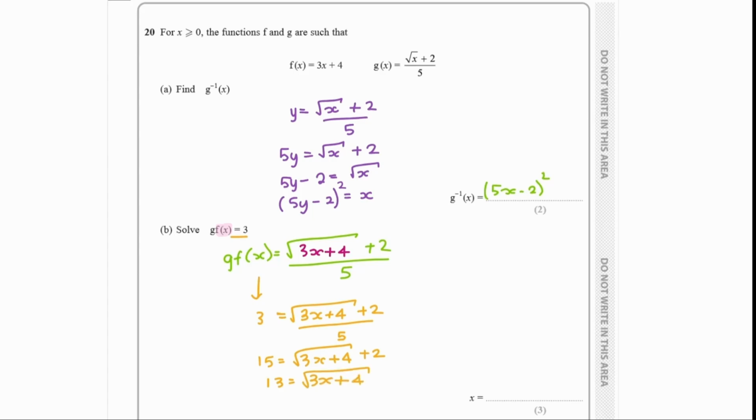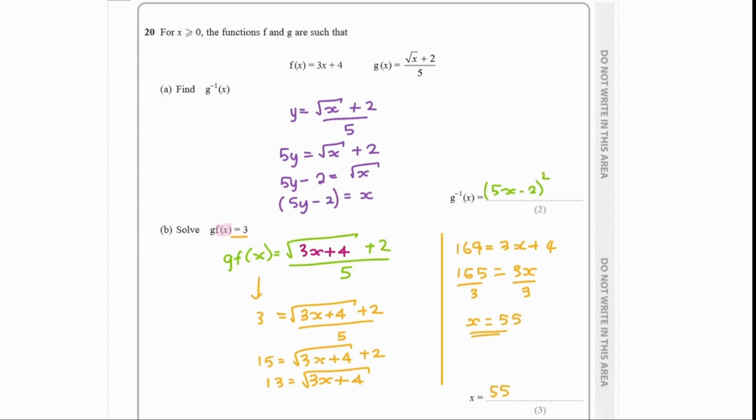We now need to get rid of the square root, so we would have to square both sides. 13 squared is 169, so we can write this as 169 is equal to 3x plus 4. And if we minus 4 on both sides, we will have 165 is equal to 3x. We can now divide all through by 3, which will give us x is equal to 55.